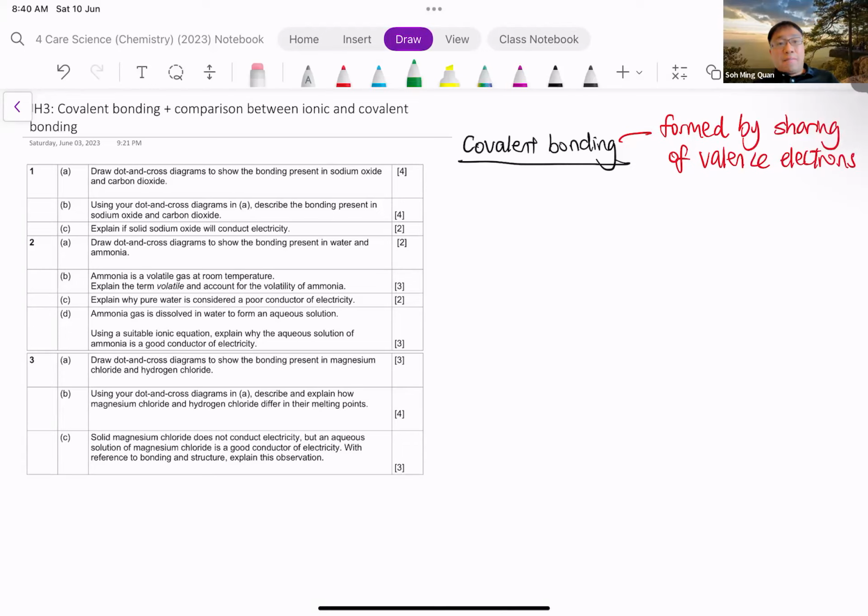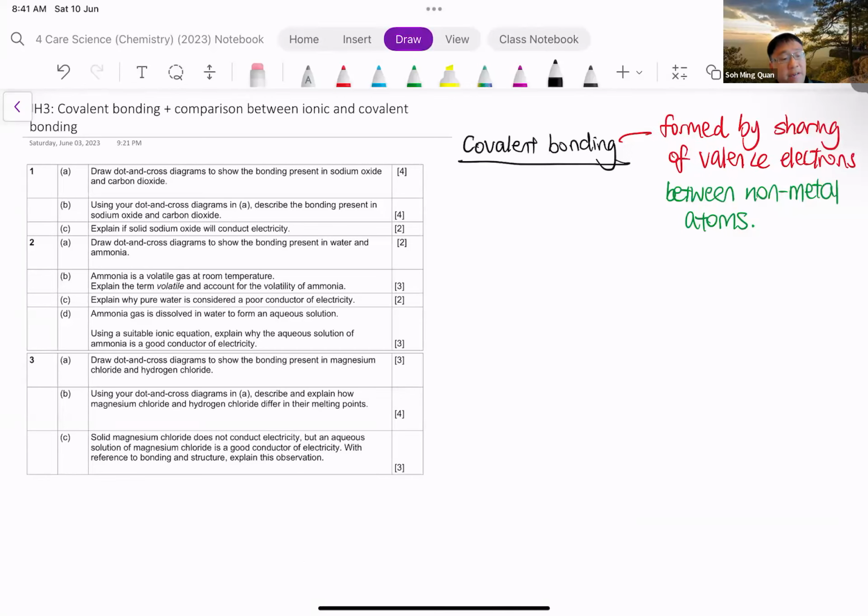Just now we said metal plus non-metal is ionic. So here, covalent is just between non-metals. All right? So it is the atoms of the non-metals which will share valence electrons with each other.